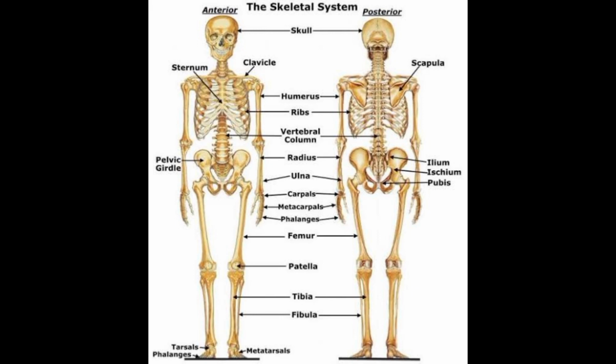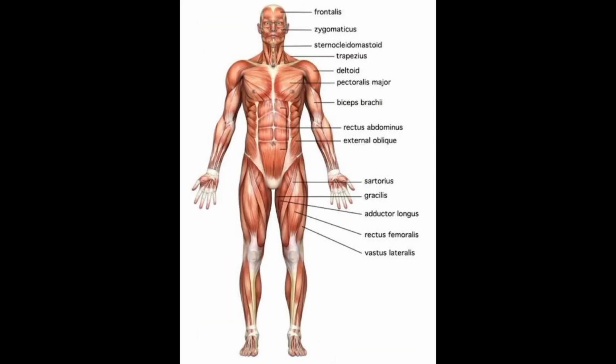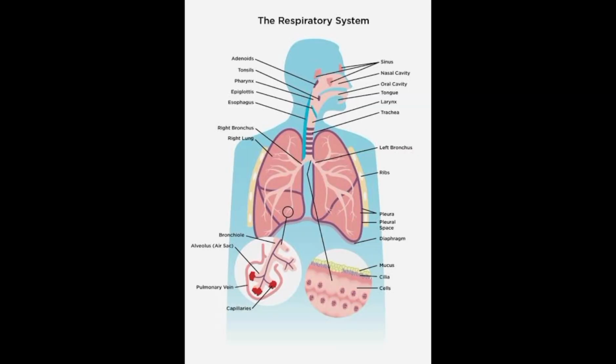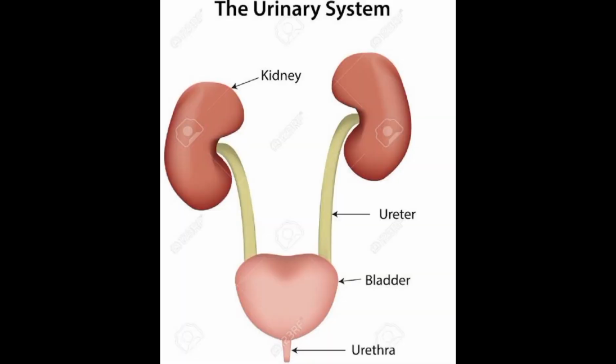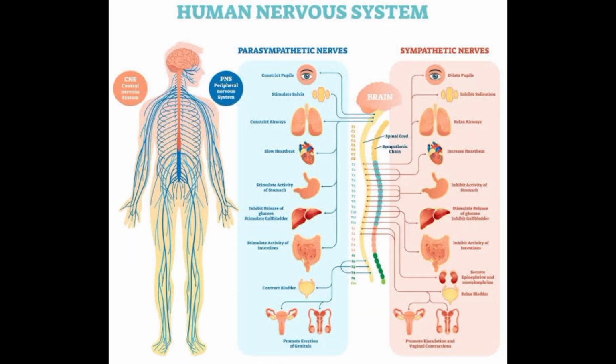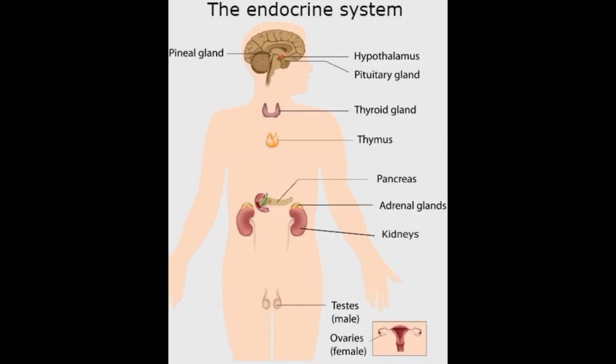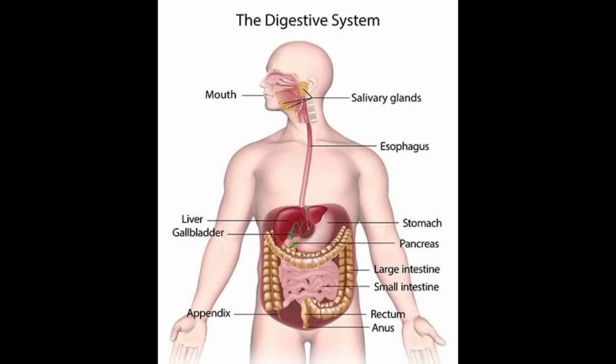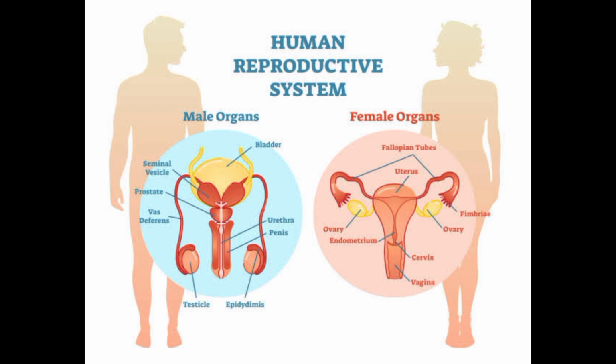The human body consists of 11 organ systems. The organs of each system contribute to a particular function. However, some organs belong to more than one system. Specifically, the pharynx is part of both the respiratory and digestive systems, and the male urethra belongs to both the reproductive and urinary systems.